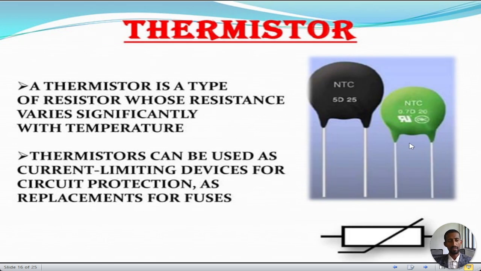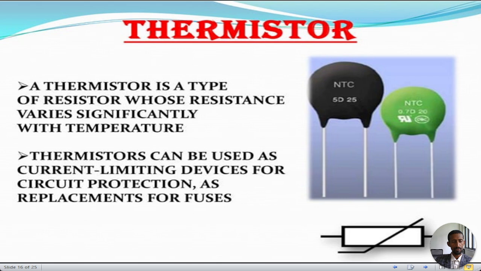The other type of variable resistor is a thermistor. What does thermistor mean? A thermistor is a type of resistor whose resistance varies significantly with temperature. As the temperature may increase due to different factors in our circuit, this thermistor may be incorporated in our model, and we can sense the change in temperature with it.